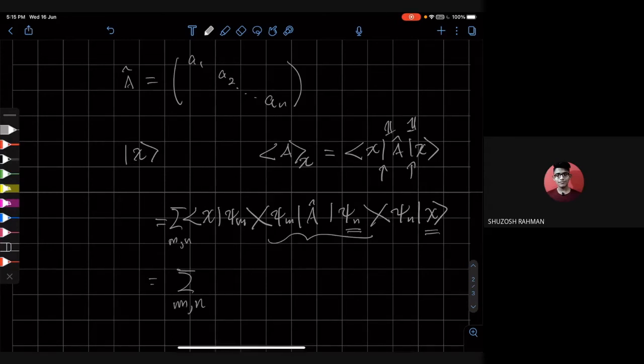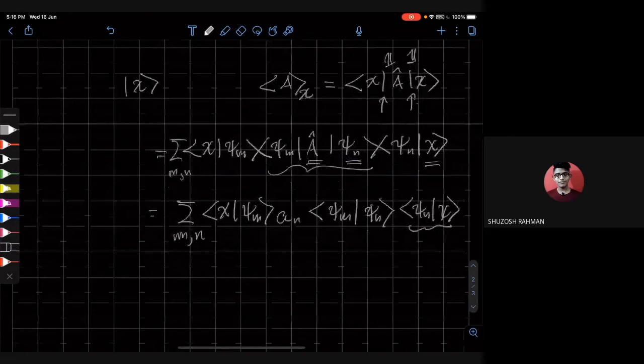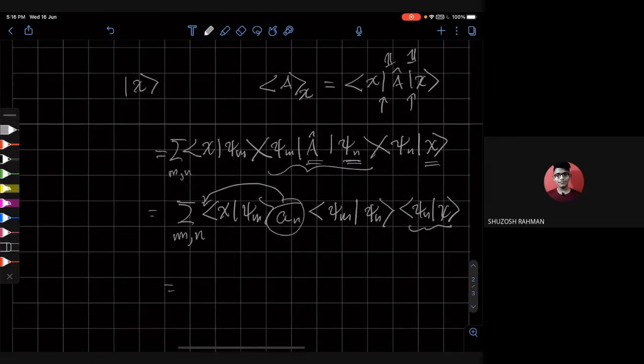So A acting on psi n gives me a_n, and then I have psi m psi n. And here I have psi n chi. What is this? This is the projection of chi along the nth direction of the psi basis. Similarly, this is the complex conjugate of that. But because of A's action, I now have a number, so I can put it here, because it's not an operator anymore.